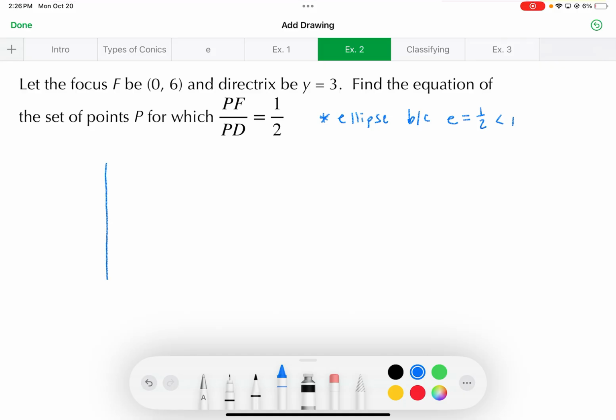All right, so sketch it out again. Right there's the focus. There's your directrix.